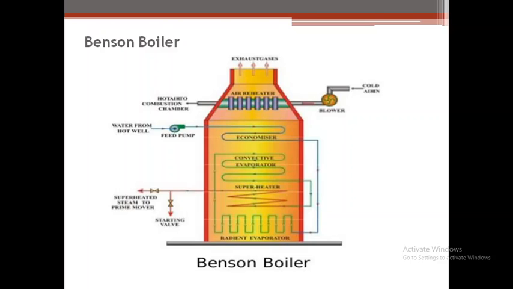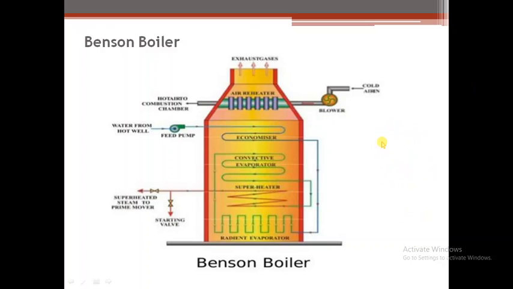It works on the principle that the pressure of the water is increased to the supercritical pressure, that is above the critical pressure of 225 bar. When the pressure of water is increased to the supercritical level, the latent heat of water becomes zero.